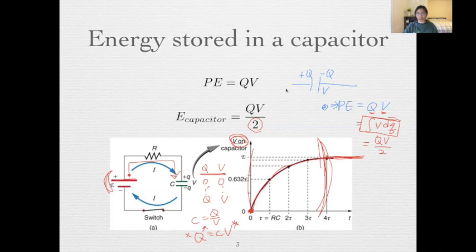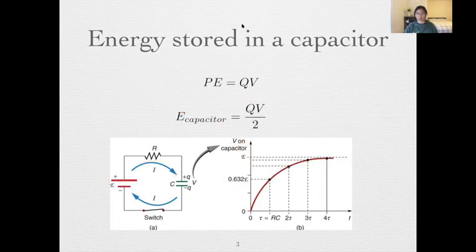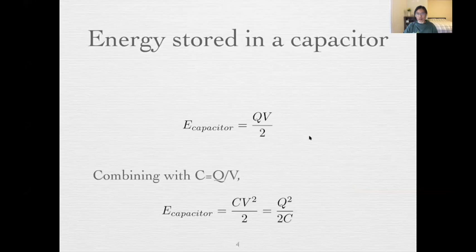All right. So this relation will tell you how much energy can be stored on a capacitor. And we can further combine it with C equals Q over V, which is a relation between these capacitance physics quantities.